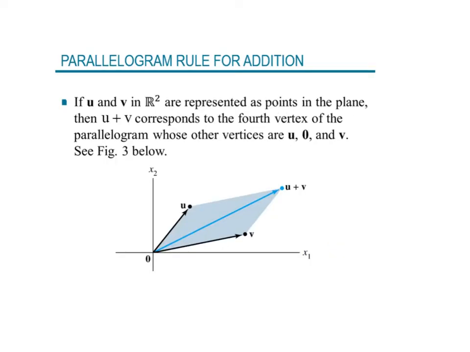So now that we're connected in this to a rectangular coordinate system, what does our addition look like? What does the vector u plus v look like in the xy plane, the x1, x2 plane? If I have u and v in R2, they're points in the plane. Their sum corresponds to the fourth vertex of the parallelogram, whose other vertices are u, 0, and v, the 0 being the 0 vector.